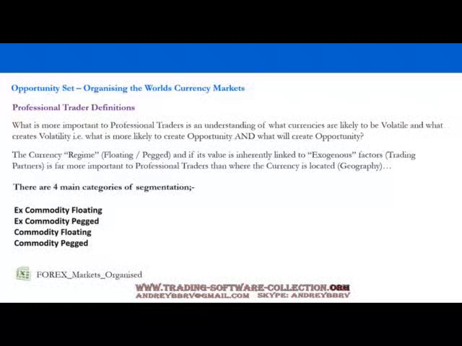So back to this point, what's more important is that we need to start looking and understanding how we capture and segment volatility, rather than segmenting by geography and size of transactions. Floating and pegged regimes and commodity dependency is the main way we do it.